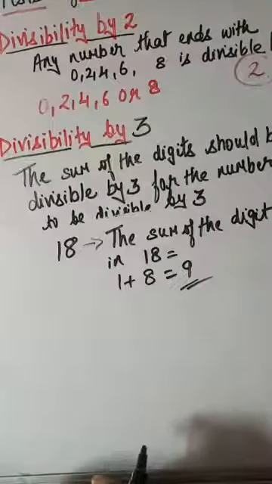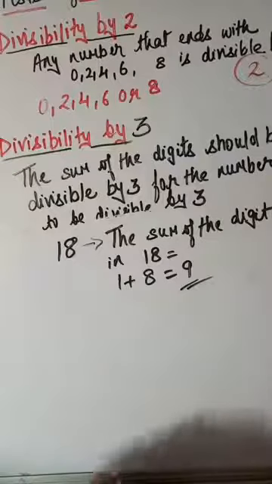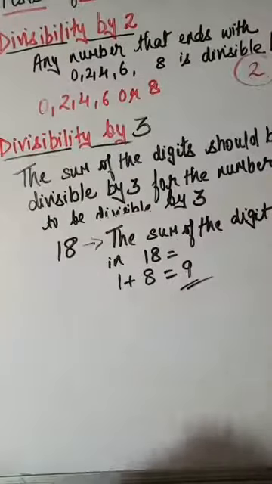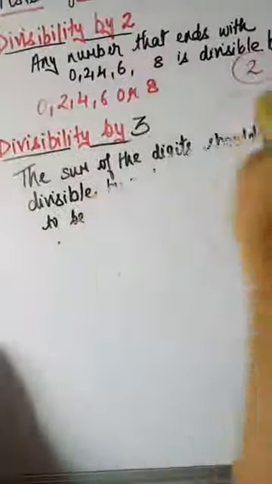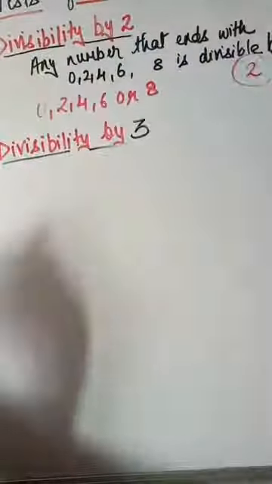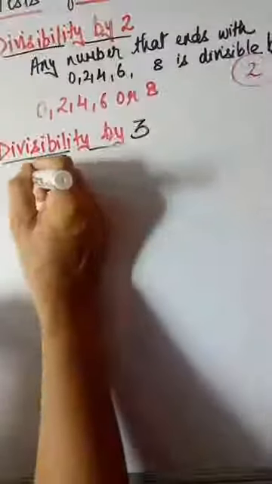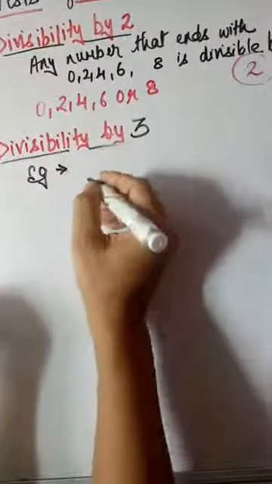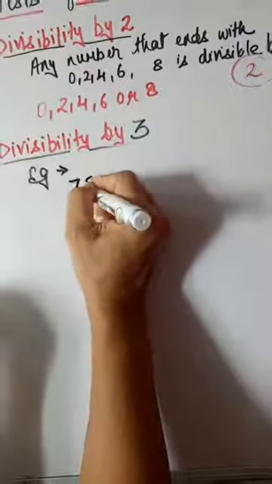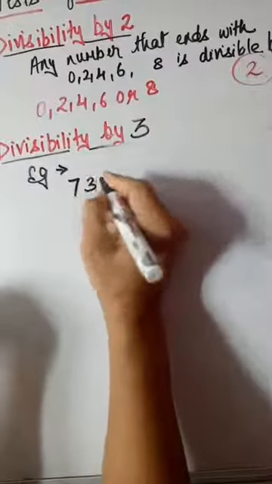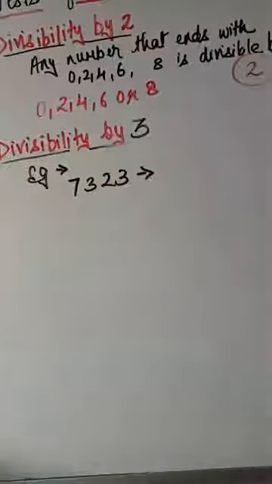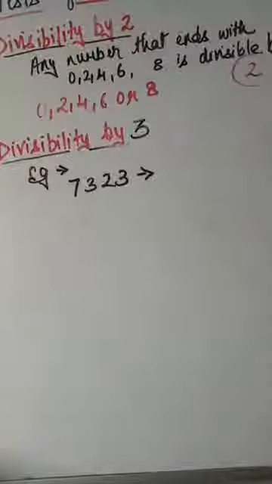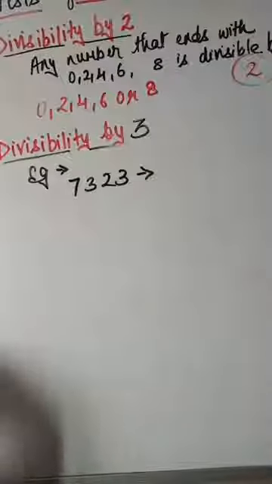Now we are going to see a larger number. Now we have seen a 2-digit number. Now I will give one question again and you are going to answer me. 7, 3, 2, 3. On the screen you can see one number, 7323.